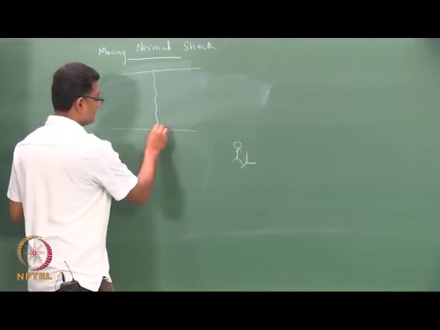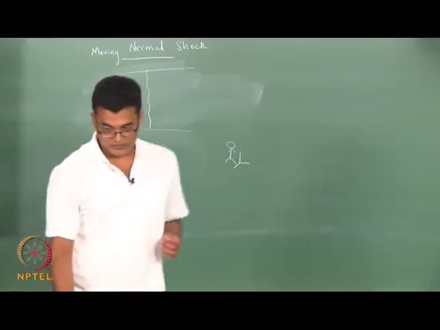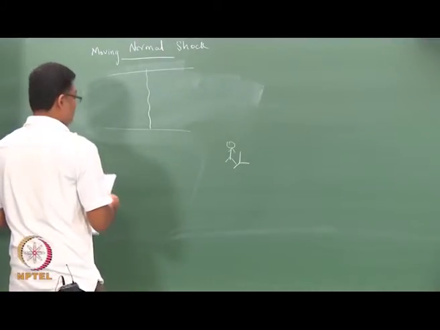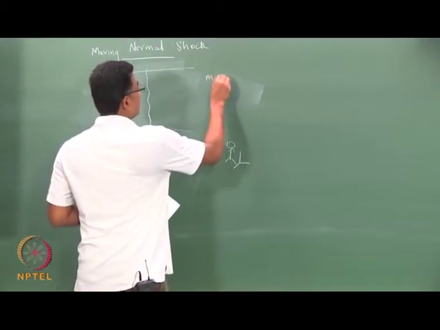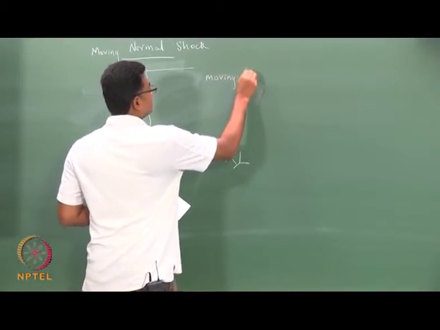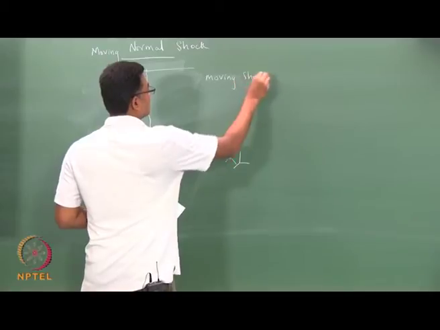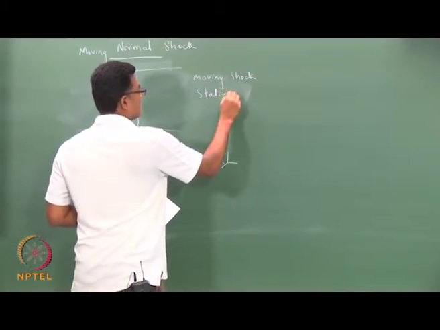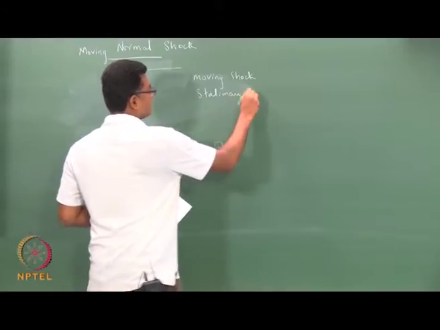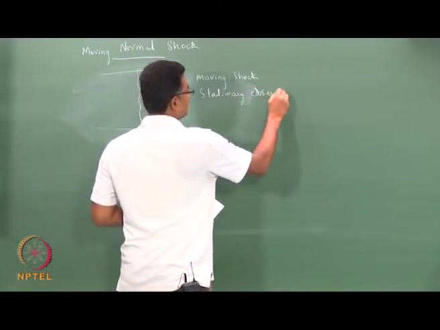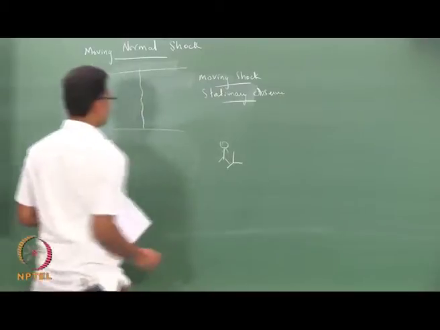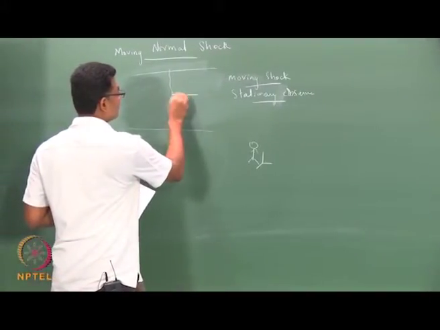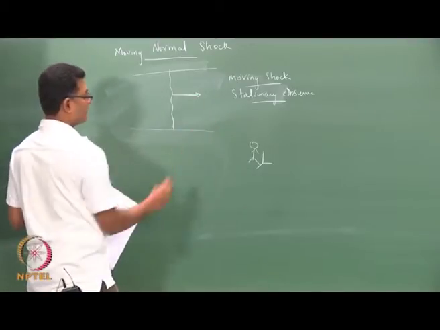I will use these notations. This is a moving shock, stationary observer. This is my direction of shock moving.